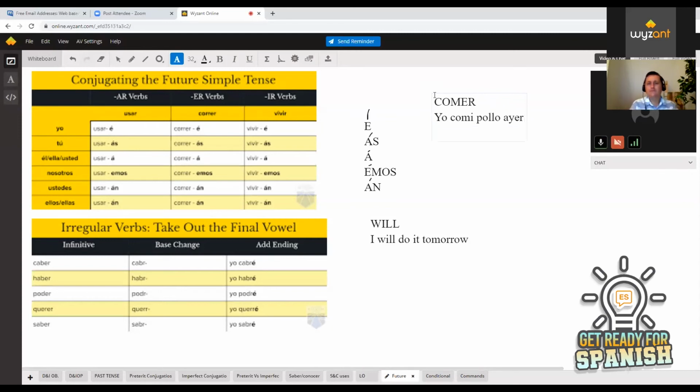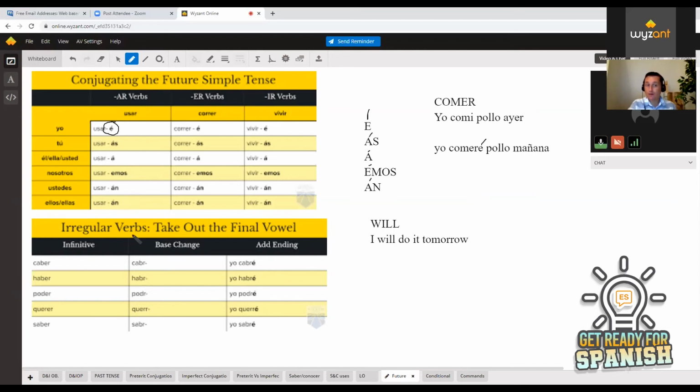For the future, we are not doing that. Yo. Now to the infinitive, I am going to add an é. Yo comeré pollo mañana. With an accent mark right here. Okay, all these sentences have accent marks.